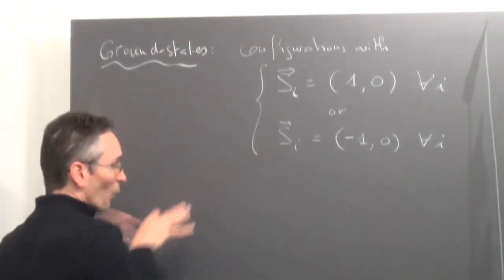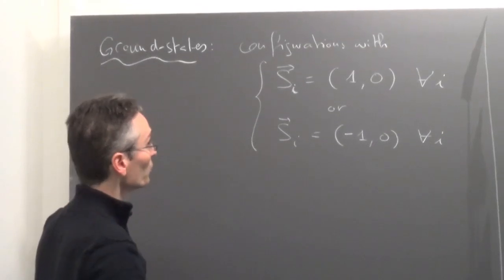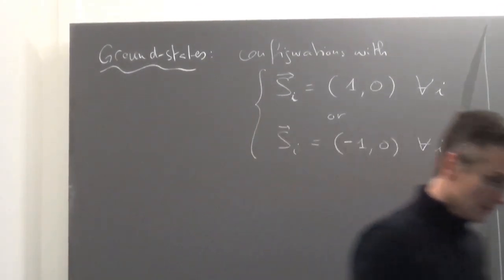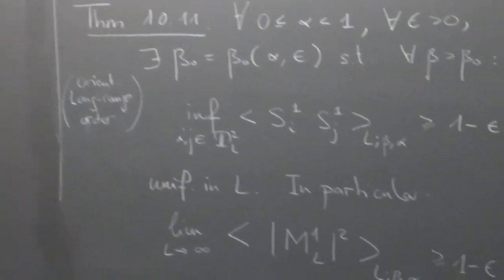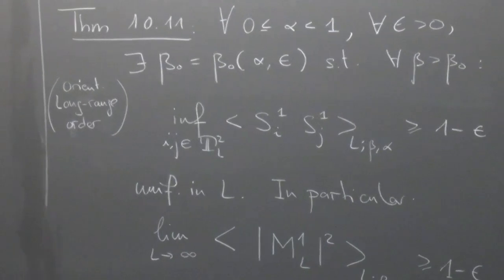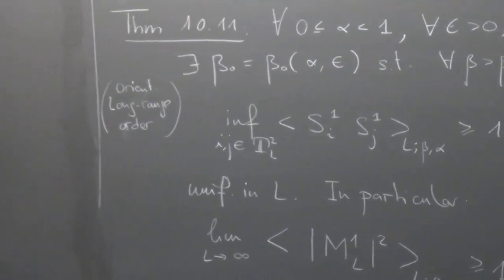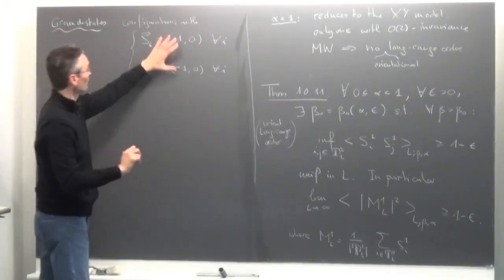They are all aligned in this direction or all aligned in this direction. Right? And there are no other ground states. So what one might hope is that when the temperature is very low, when beta is very large, the typical configurations that we see under this measure are small deformations of these ground states. So they will have most of the spins pointing horizontally, all toward the right or all toward the left.